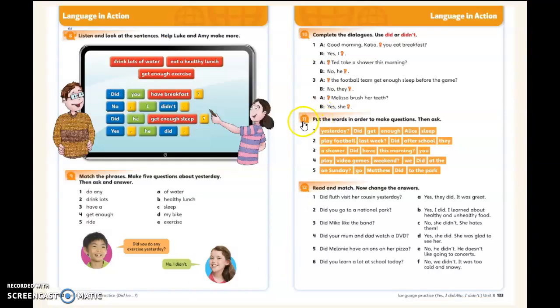Exercise 11 now. What you have to do is put the words in order so that you can make questions. Okay, and then practice asking. Pause it now. And once again, I want you to use your notebook and write this exercise in your notebook.